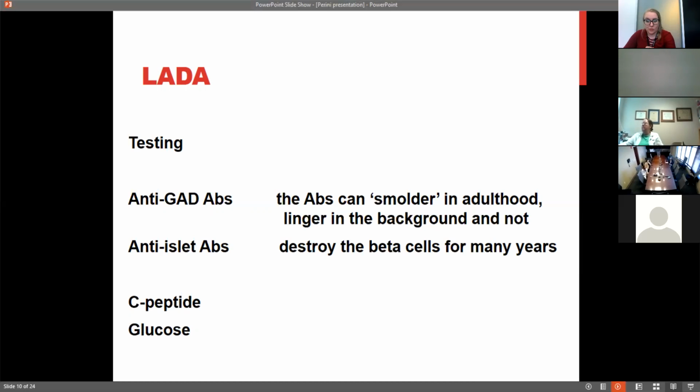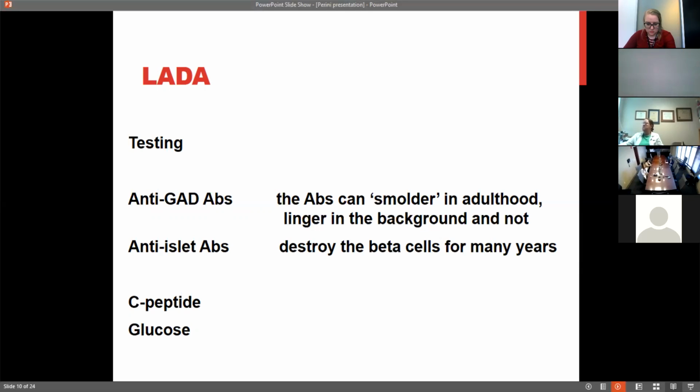And we know from research in these LADA patients that oftentimes they have had these antibodies for years and years and years, and they just are lingering, hanging out in the shadows, and someday, some year, they attack the beta cells and make the person hyperglycemic and end up in the hospital in DKA.